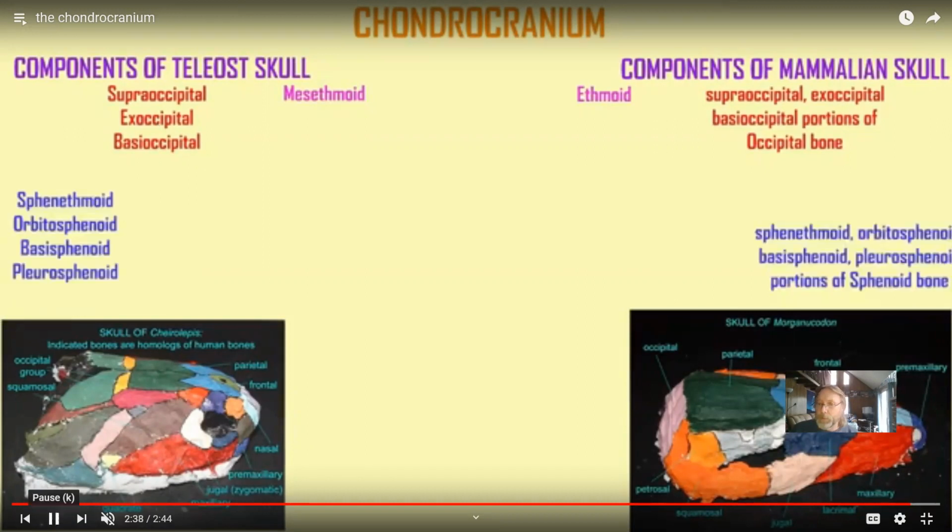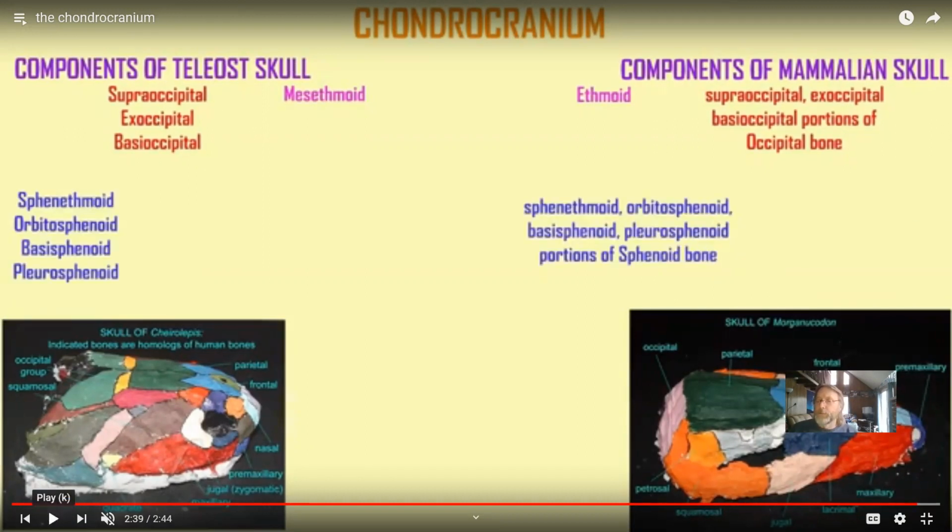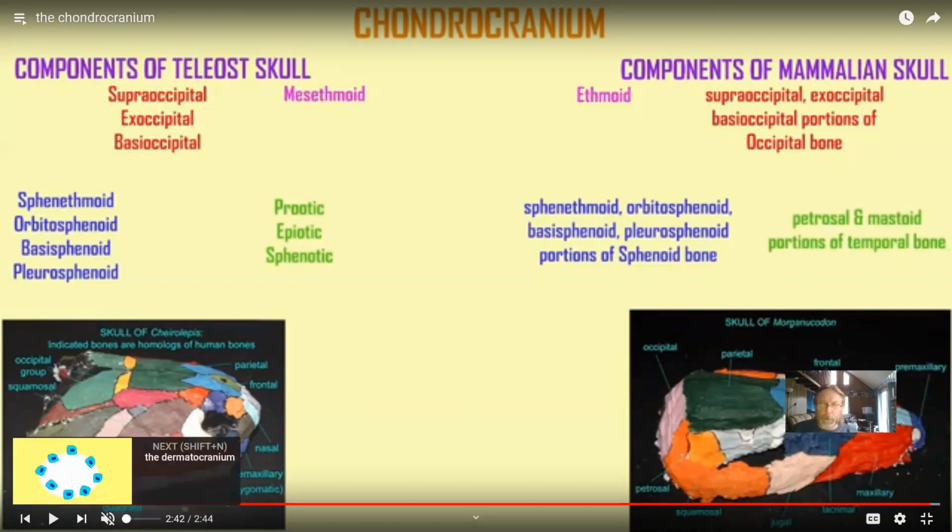Our ethmoid bone is bone, but it results from the ossification of the chondrocranium. Portions of the sphenoid bone arise from ossified portions of the chondrocranium, and one portion you may recall from an ossified portion of the splanchnocranium, the alisphenoid. The prootic, epiotic, and sphenotic are separate bones in teleost fish, but they then form parts of the petrosal and mastoid sections of the temporal bone.